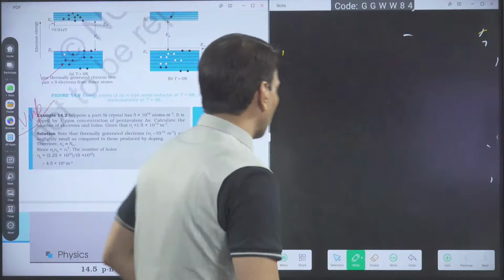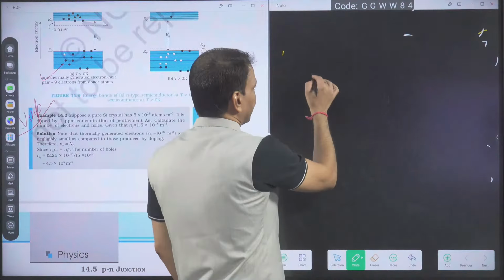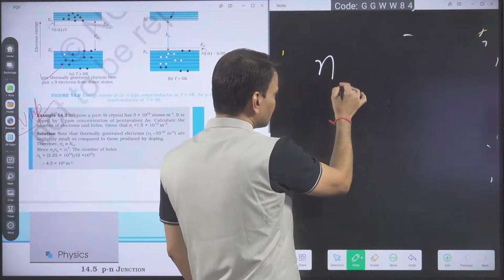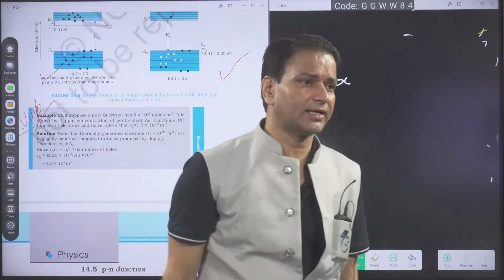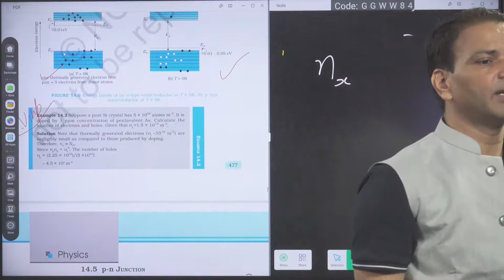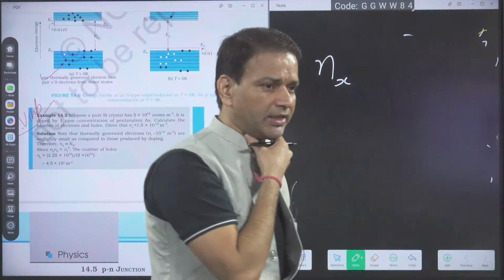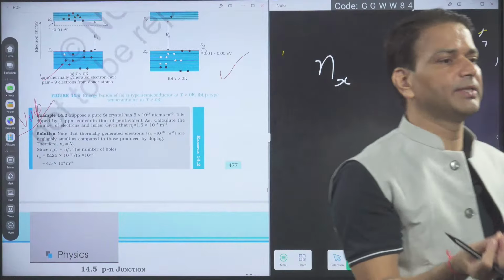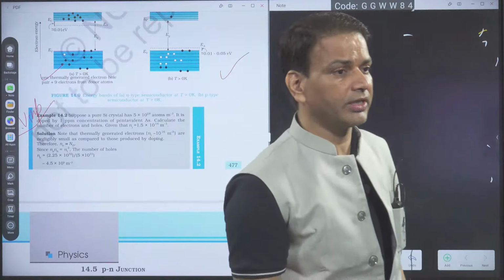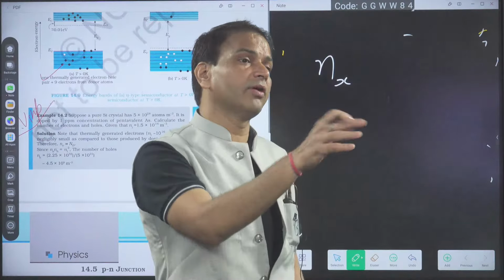Suppose I am adding Nx number of pentavalent atoms in the pure semiconductor. First thing, we have to know who will be the majority. Electron will be the majority, so electron will be more.